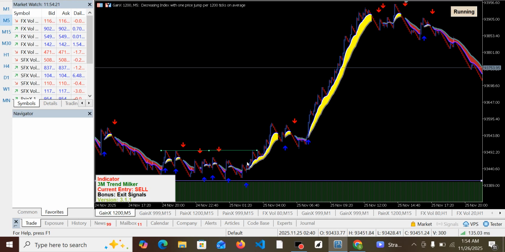Now let me quickly tell you this. If you get a signal like this, where the trend actually changed from a downtrend into an uptrend and gave you a buy signal, what I expect you guys to do is to set up your trade immediately. Go into the trade, set up your buy signal, and of course place your stop loss somewhere here.